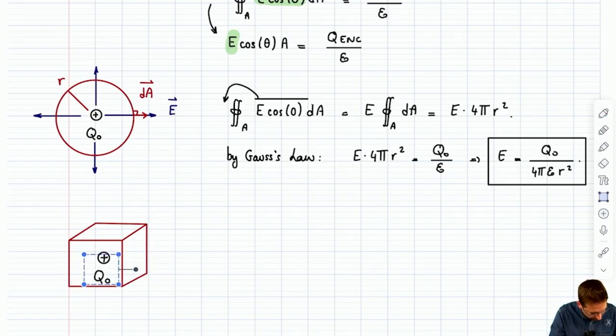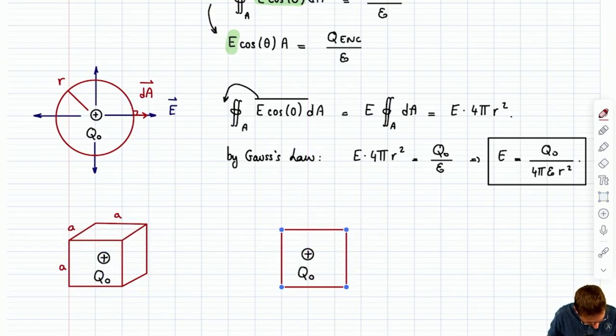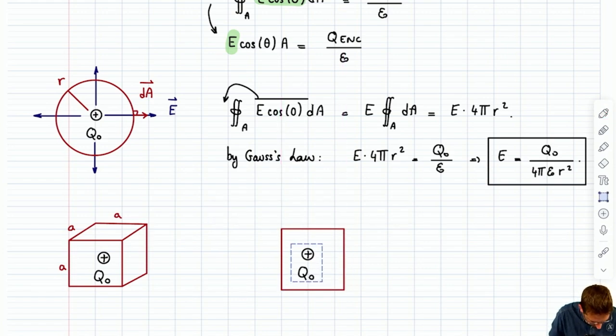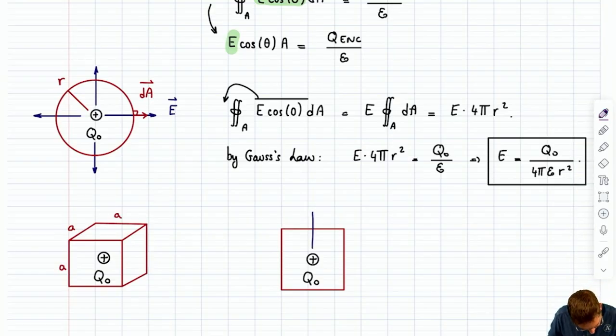It's a fair question. If you tell me the side length A, then why wouldn't I be able to do that? So let's take this and just draw the side view, because it's a little hard to see in perspective. What you would get is the electric field radiating out in all directions.